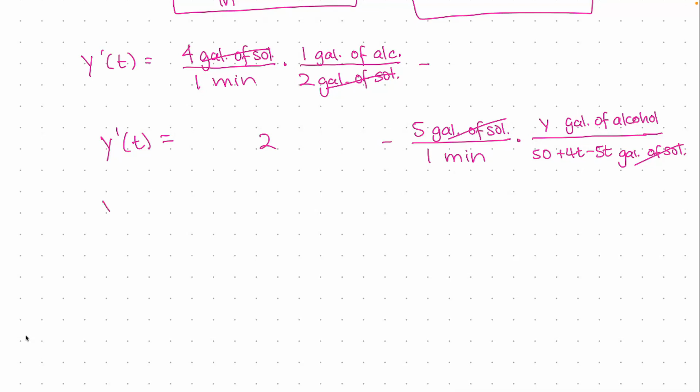So my equation for y prime is just 2 minus 5 over 50 minus t times y. So take a minute to chew on that if you need to.